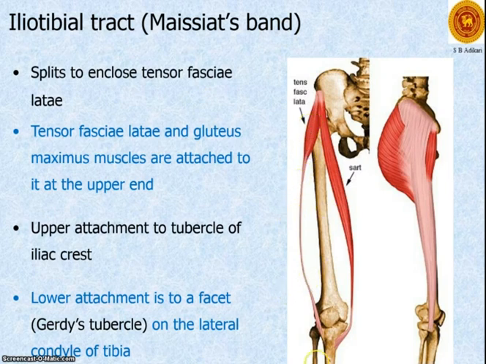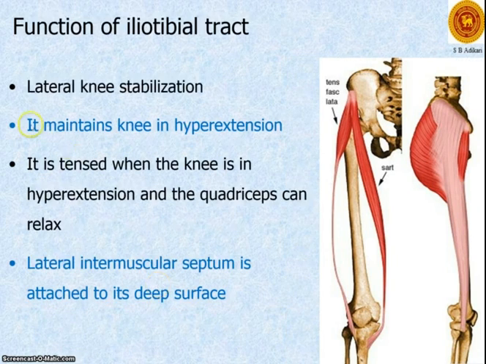And the distal attachment of the iliotibial tract is to the lateral condyle of the tibia here, and the function of the iliotibial tract is actually to stabilize the knee joint laterally, as well as it maintains the knee joint in hyperextension.